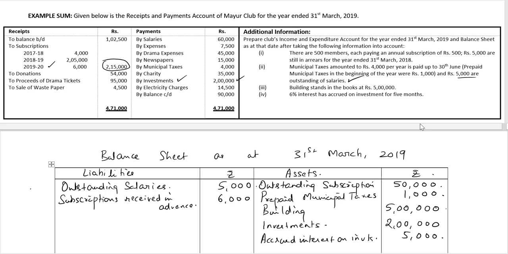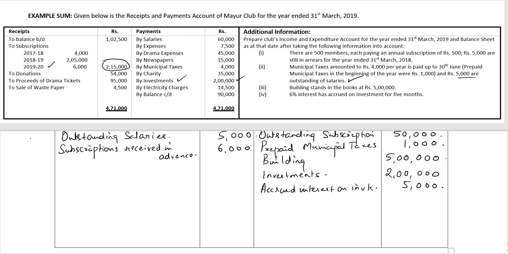No other item from the receipt side. On the payment side, only the last item, which is the cash in hand at the end of the year, is remaining, 90,000 rupees.